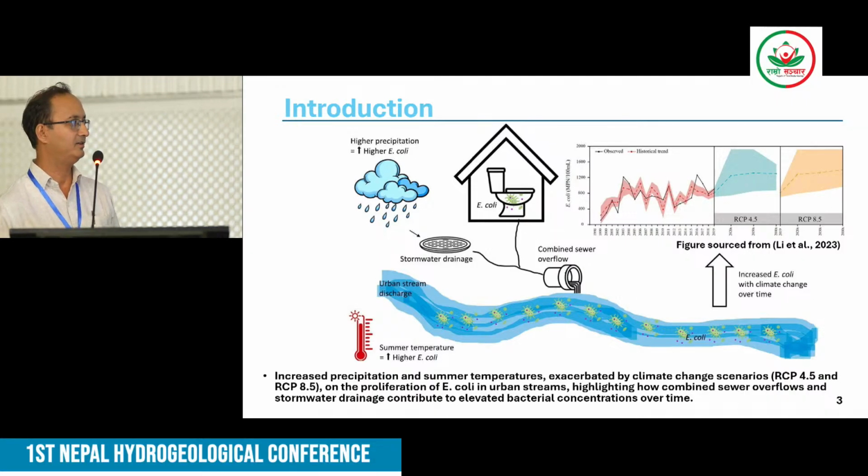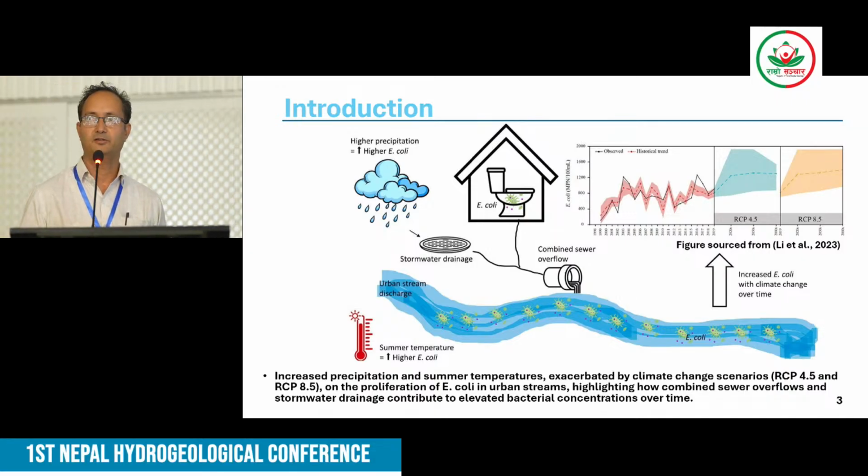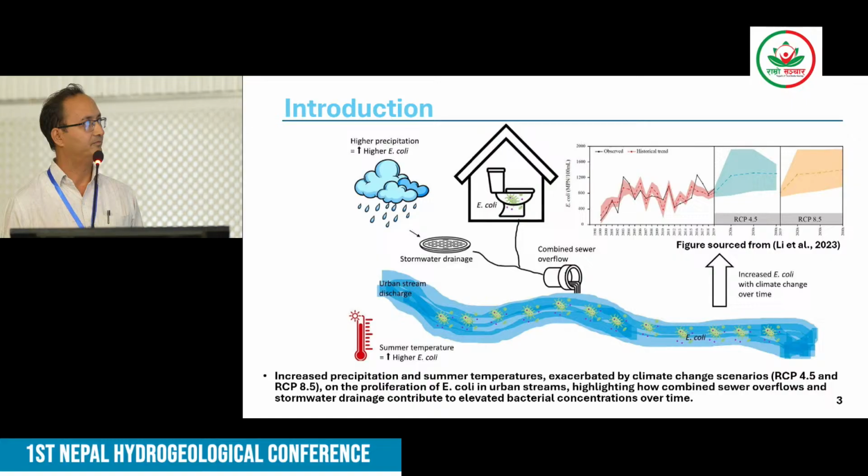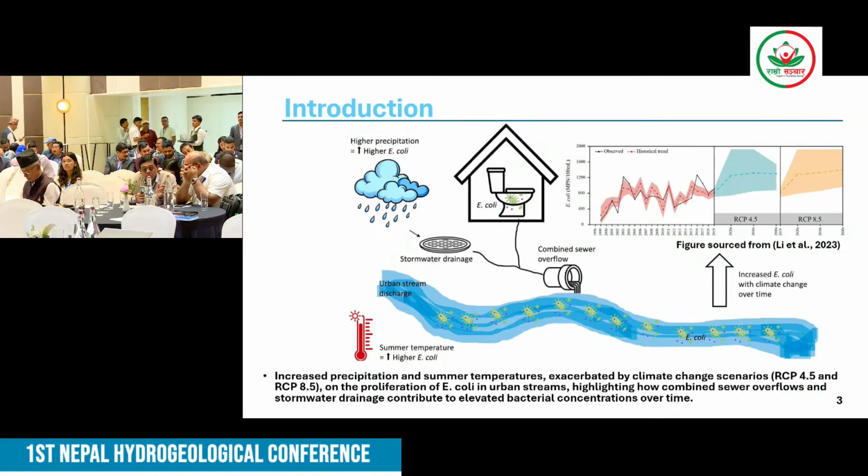This slide is mainly related to the impact of climate change and also the increased population and increased urbanization rate on the water sources. For example, due to the increased discharge of wastewater and sewage, that will amplify the increase in microbial contamination, for example, the fecal contamination.